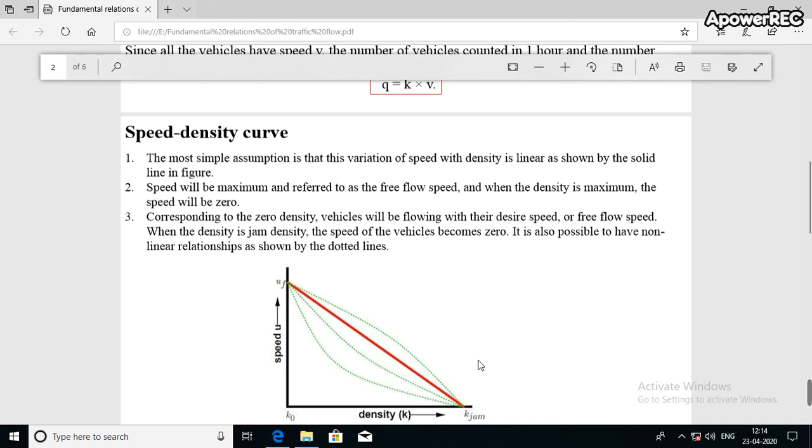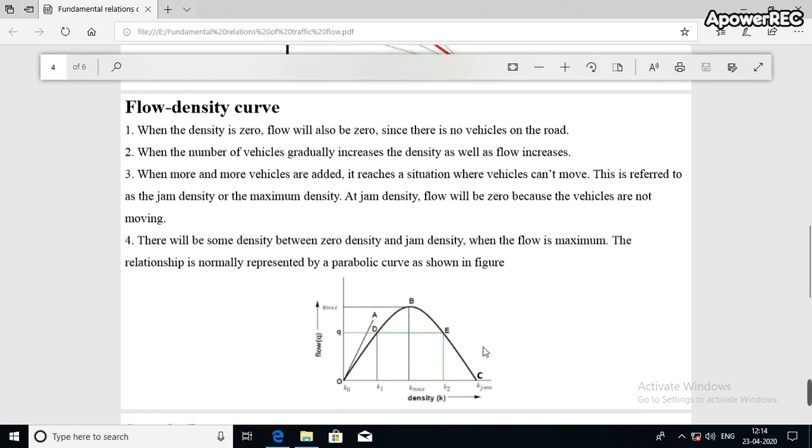Let us move to the next relationship, the flow density. Here you can see that this is a parabolic relationship.